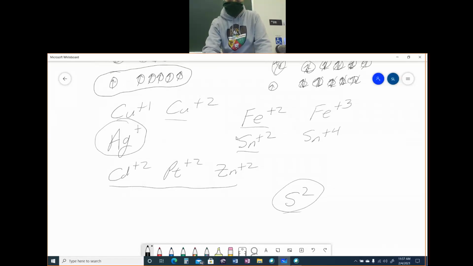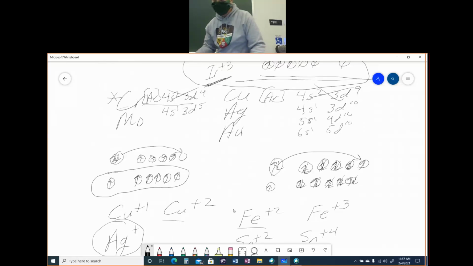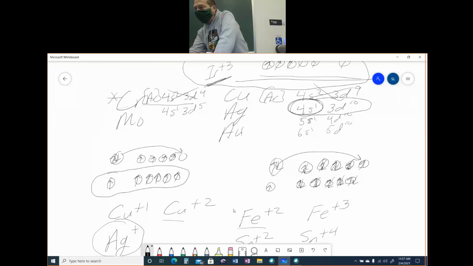But you could predict the reason why silver is only plus 1, because it is an exception to the buildup rule. It doesn't have an S2. It only has an S1 in its electron configuration. So this one is very easily removed. I'm circling the wrong one. This is silver, which is this one. This one is copper. All right, but again, copper, it does too.